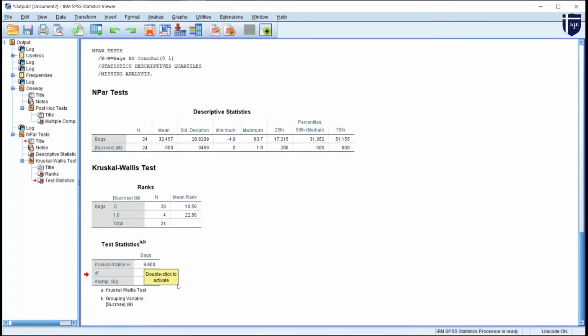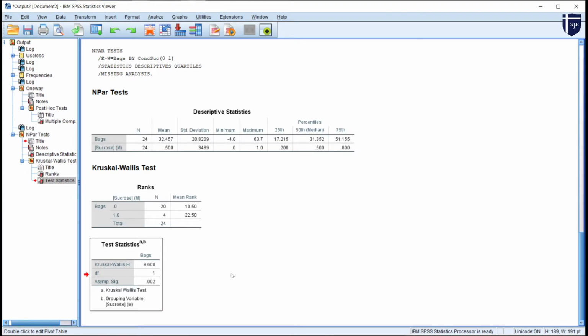The 1 is the degrees of freedom, and the asymptotic significance, or the p value, is 0.002. Is that less than 0.05?